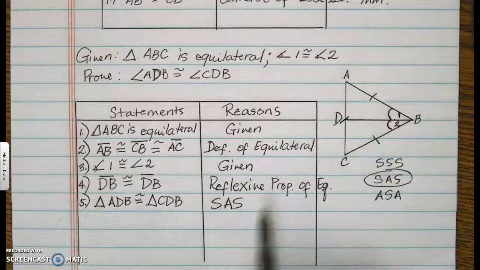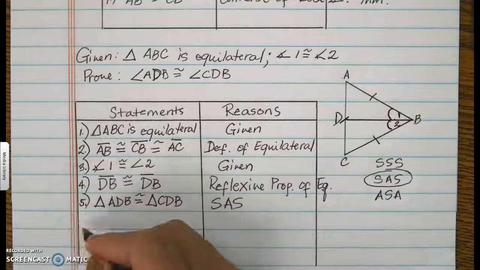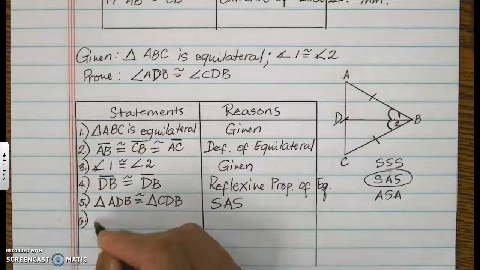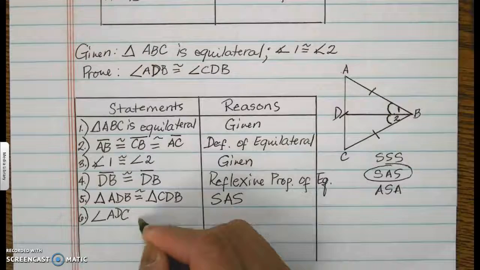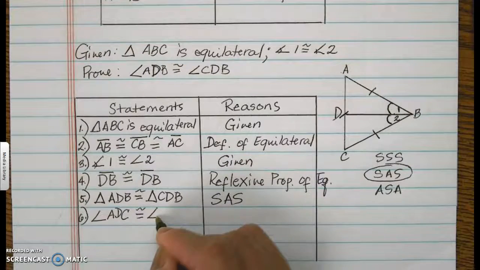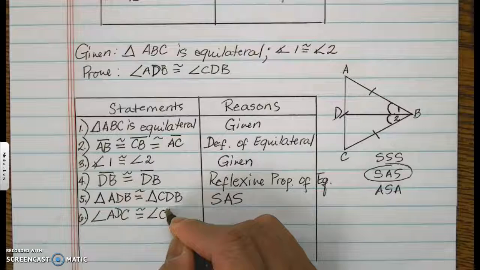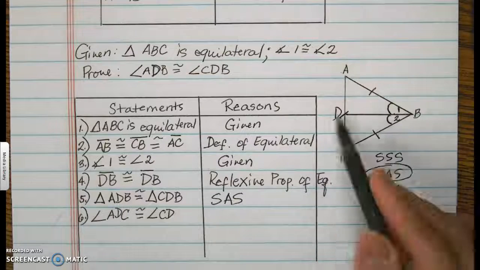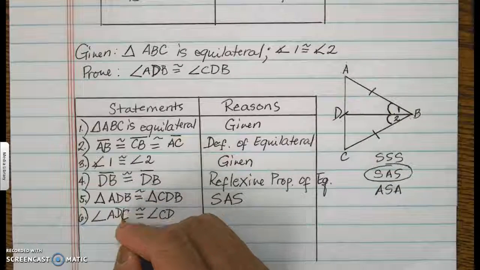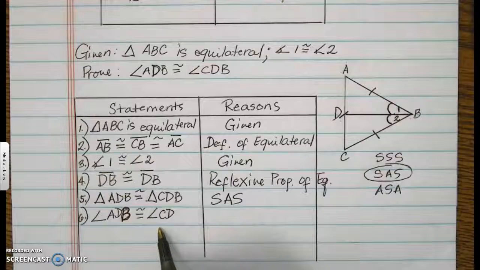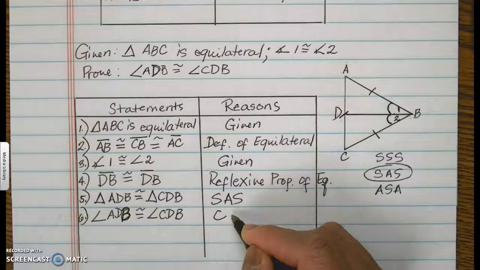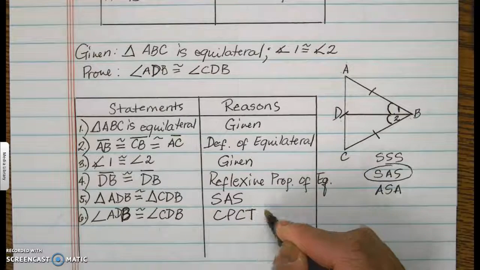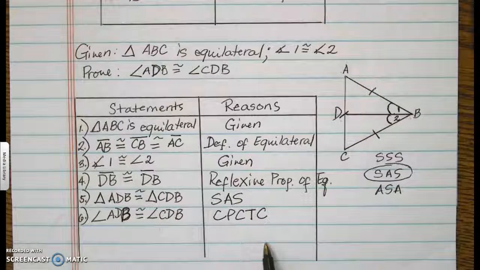Because of these two triangles being congruent, I can now say that angle ADB is congruent to angle CDB because the corresponding parts of congruent triangles are congruent, better known as CPCTC.